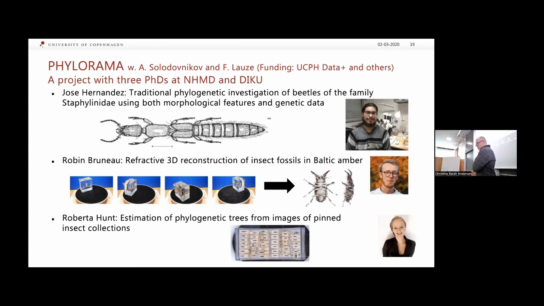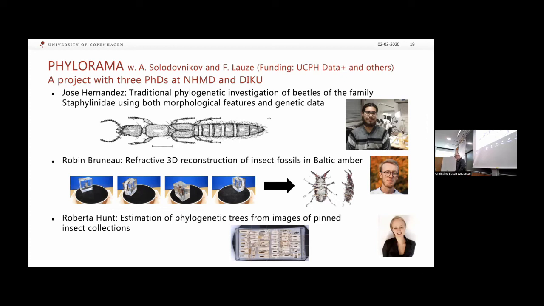Then we have Robert's project, which is a little bit on the side, but the original idea was that we would like to be able to take things like insect fossils in amber and throw them into the pot of the analysis. But once you have something embedded in amber, you could go ahead and do a micro-CT scan of them, and you would get a rough surface model.